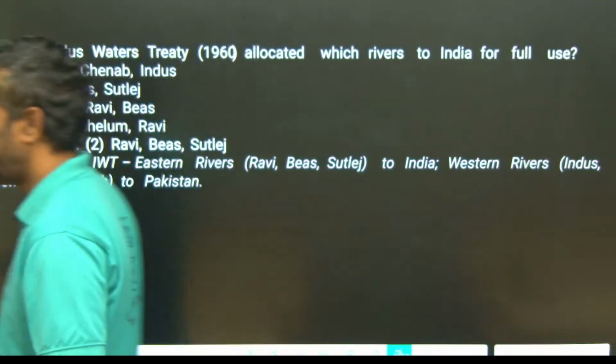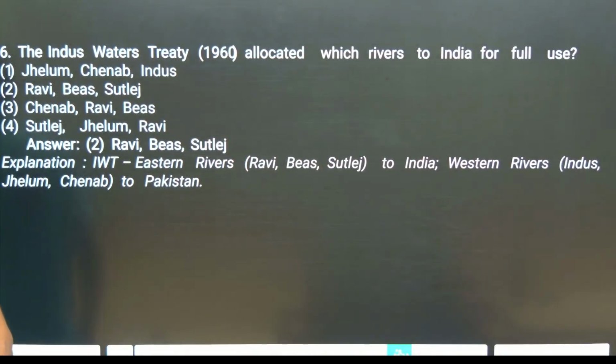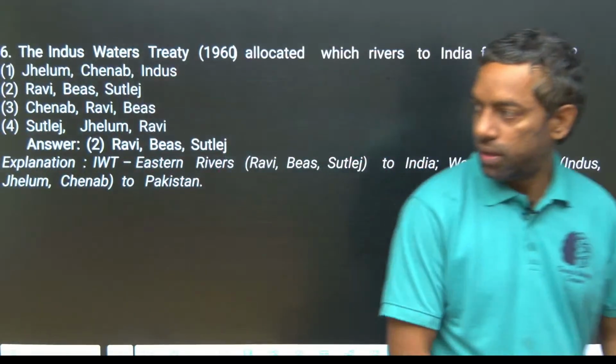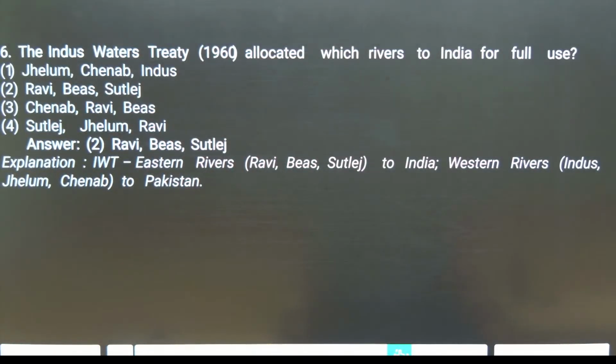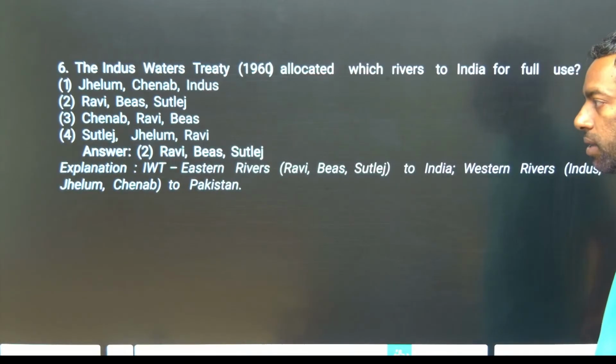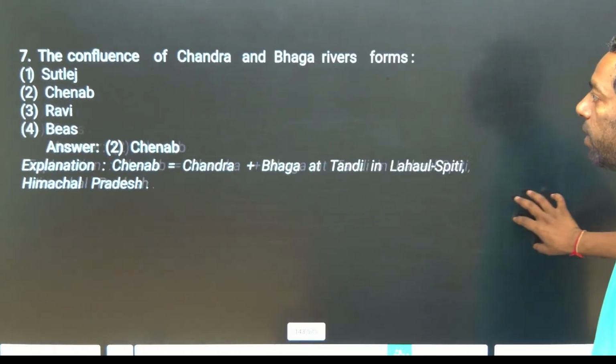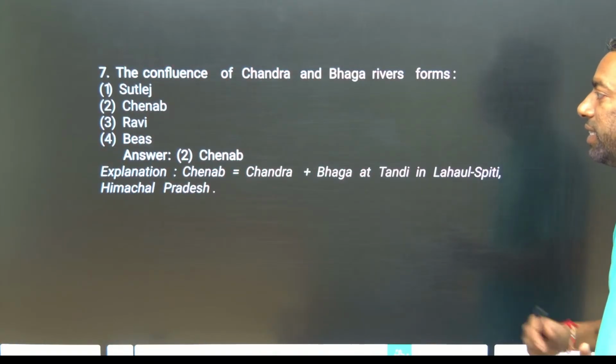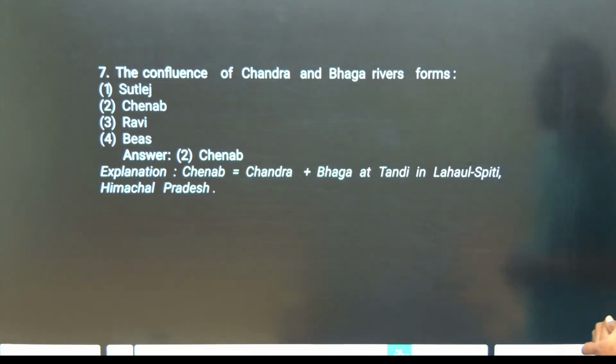Okay, this is important, guys. Next, the confluence of Chandra and Bhaga forms the Chenab, at Tandi in Himachal Pradesh, guys.